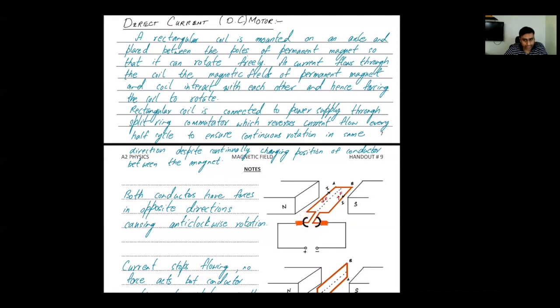And we will analyze what happens with that. But at this particular point, you have split rings, which are half semicircular rings, and these split rings are connected through carbon brushes to the power supply. So that is the basic structure of a DC motor.